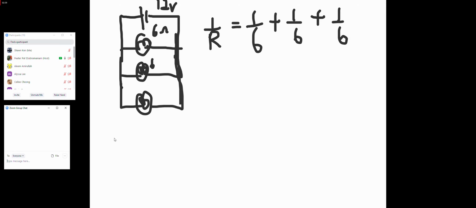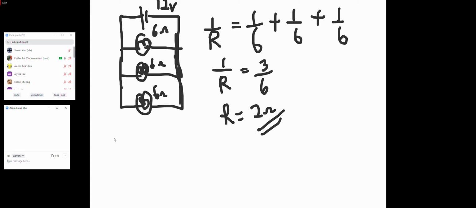So 1 over R will be 3 over 6. So the total resistance here is only 2 ohms. So this whole circuit will have only 2 ohms.